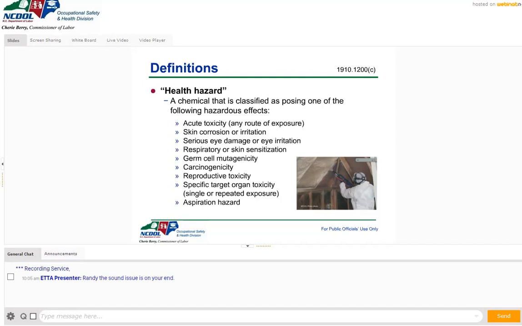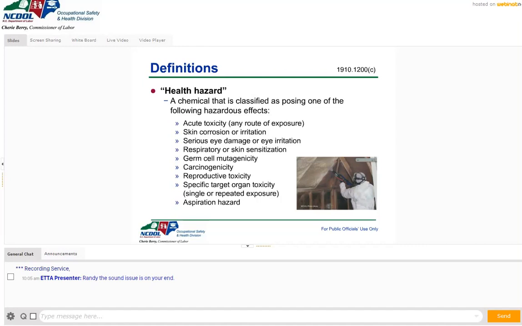Or it can cause genetic effects, cause cancer, cause reproductive issues, or be specific to target organs in your body. It can affect any organ of your body. Skin is a simple example of an organ. A lot of times we don't think about our skin being an organ. But it could affect your kidneys or liver, or it could be an aspiration hazard. If I'm breathing something in, it can be hazardous to us.